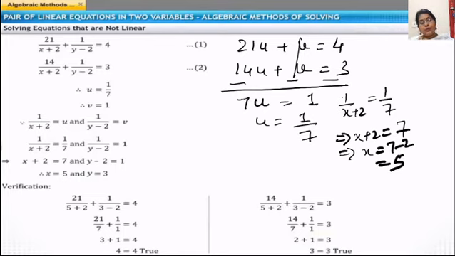In this way we solve the question, and we have got the value of u, and we can get the value of v from this. Putting the value of u in any of the equations, or rather by the substitution method, let us put it in the first equation.